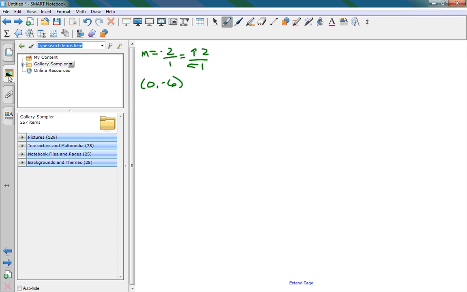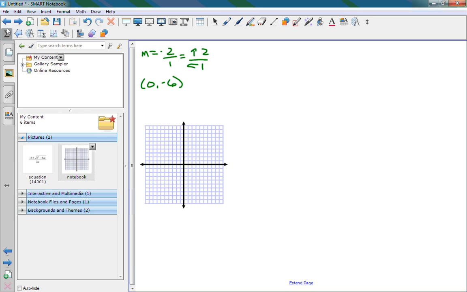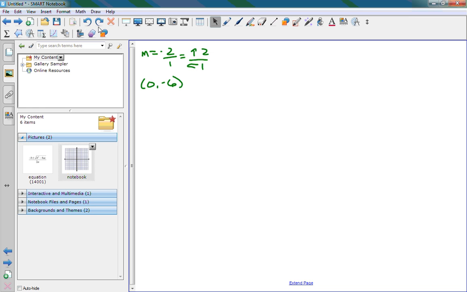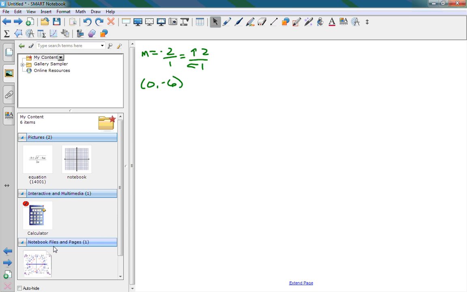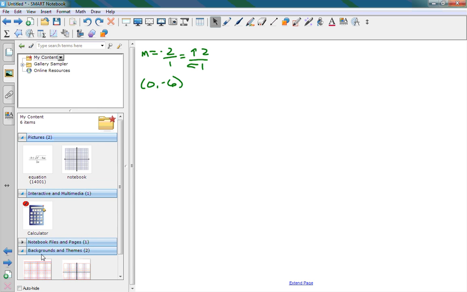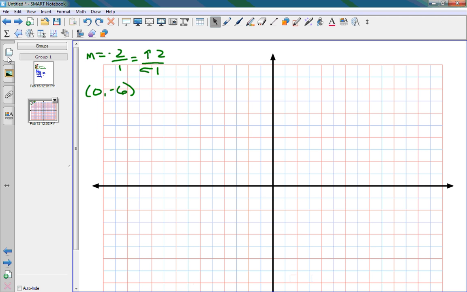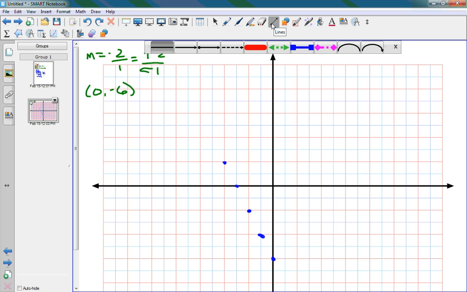So I'm going to graph the point 0, negative 6, which brings me down here. Then I go up 2 units and to the left 1, and I'm going to connect that with a solid line.